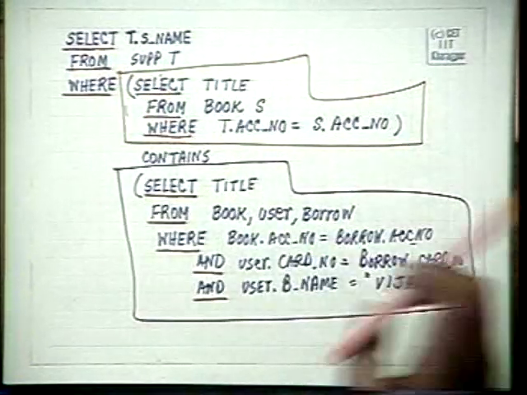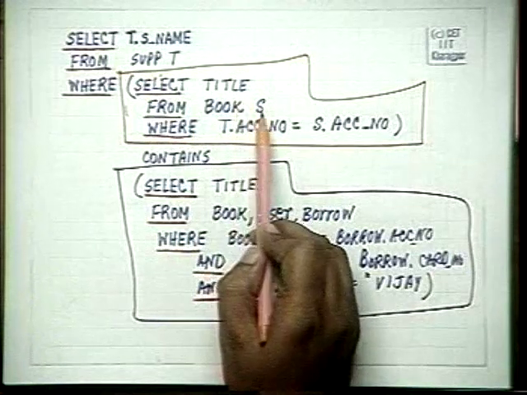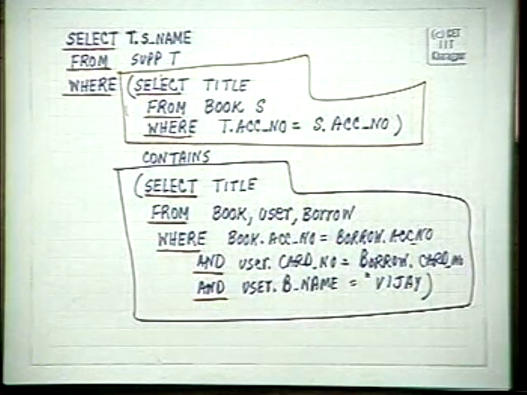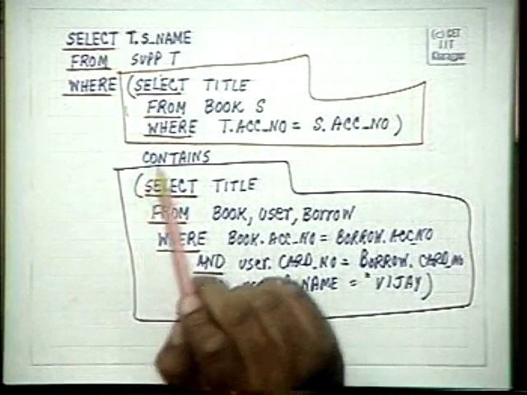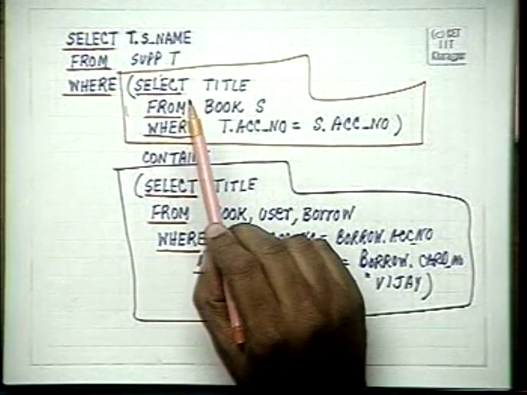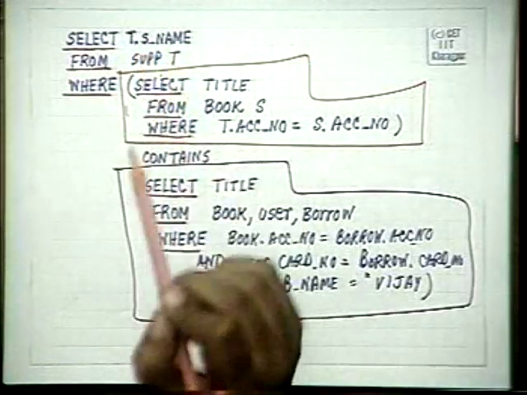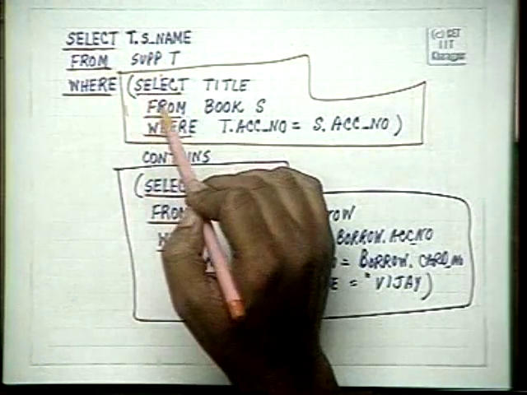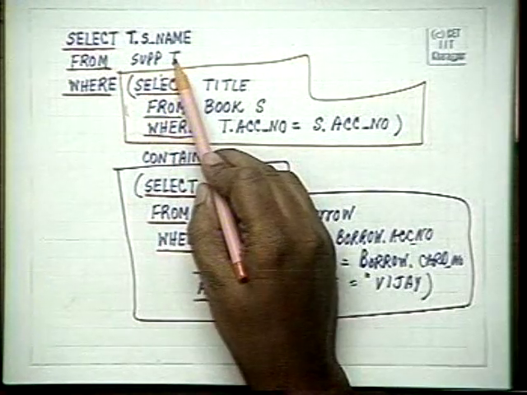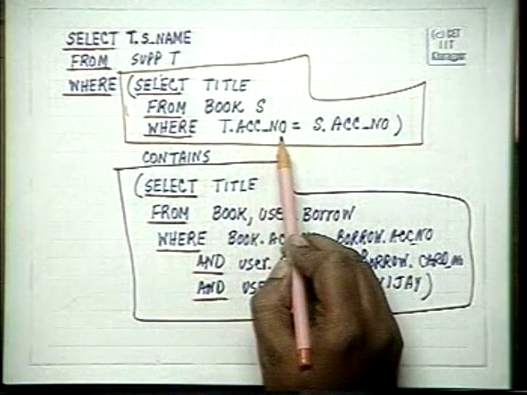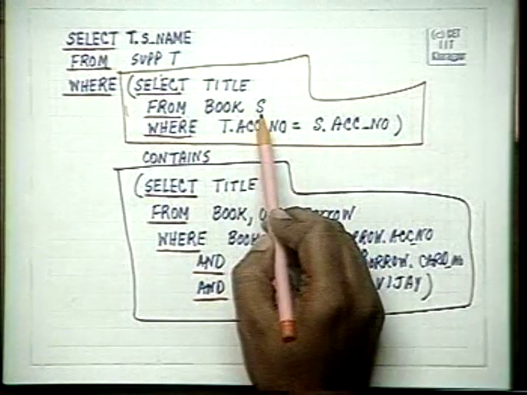this part, select title from book S where T.accession number is equal to S.accession number. Actually we are using ideas of tuple relational calculus here. We want that T in tuple relational calculus where this T.accession number is equal to the S.accession number.